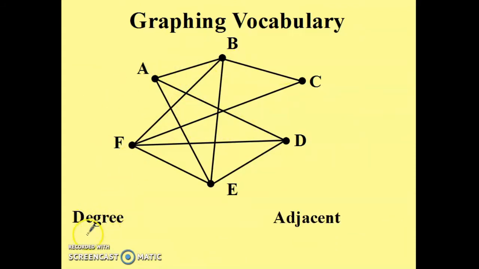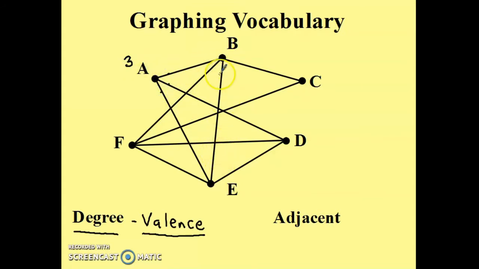Now degree, which can also be called valence. These are two different words that mean the same thing in graph theory. The degree of a vertex is the number of edges that connect to that vertex. So you would say that A has a degree of 3 because there are 3 edges.